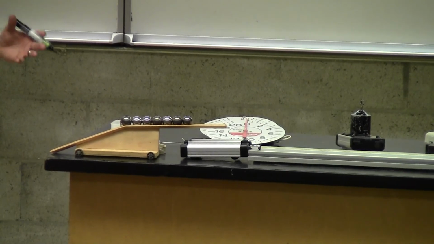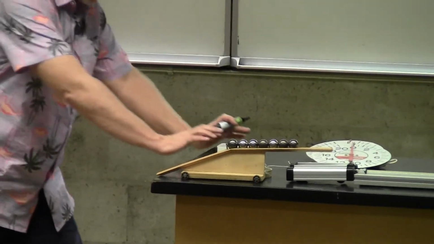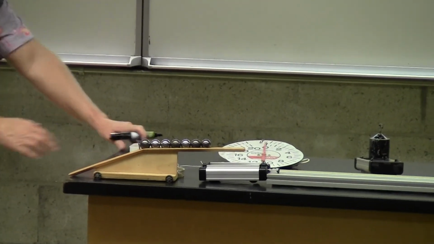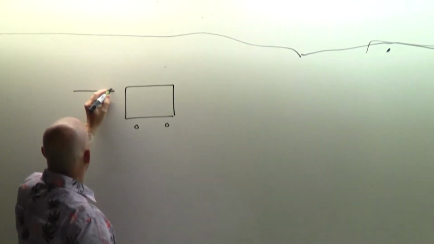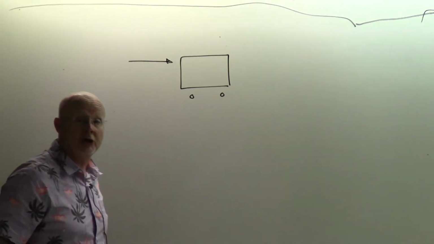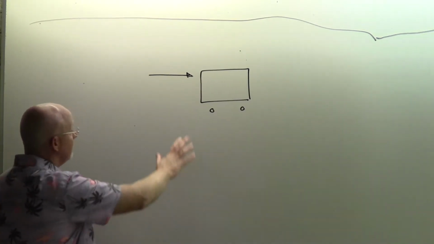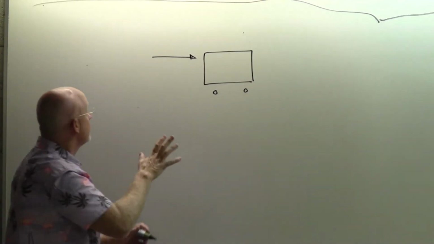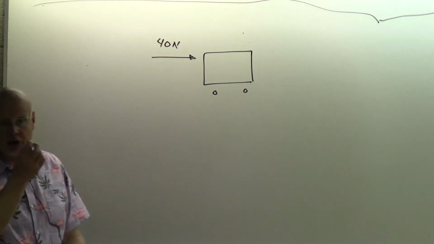And so let me just come over here and say, okay, I'm going to push this cart with a force of, I'll just say 40 newtons, okay? So in my diagram, I'm going to put an arrow here. And the arrow then is going to indicate the way I'm pushing it. And so geographically that would be west, but in this picture I'll just call it the positive direction. All right, so this is 40 newtons.